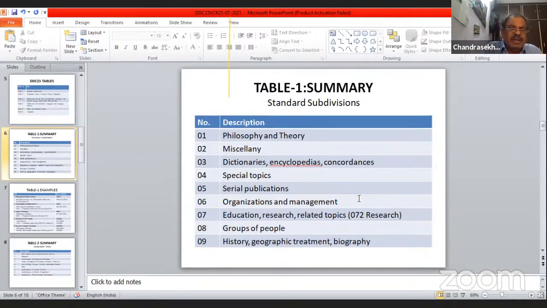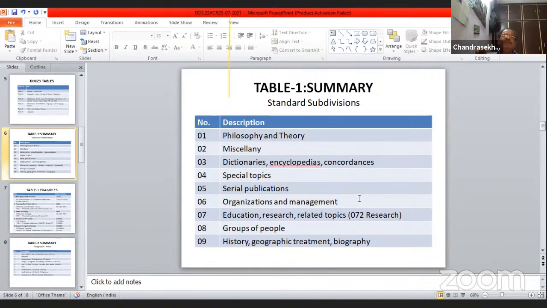08 is groups of people; you forget about that one, as it rarely comes. Then 09 is historical and geographical treatment and biography. 092 is biography, and 092 generally comes. Biography of librarians: library science is the main subject, and biography is 092.